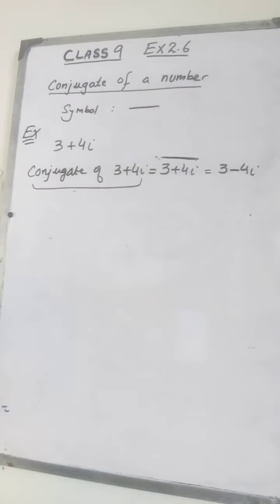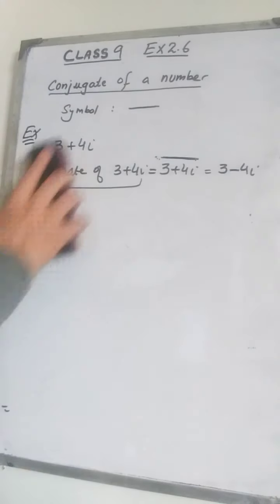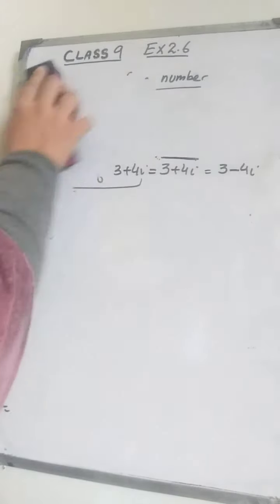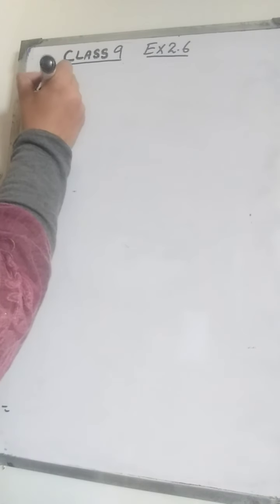So in question number 6 we are going to use this symbol, and we are going to find the conjugates of the expressions which they want us to. Okay, so question number 6 is about conjugate. It's not a new concept. The only new thing is that we are using this bar symbol.